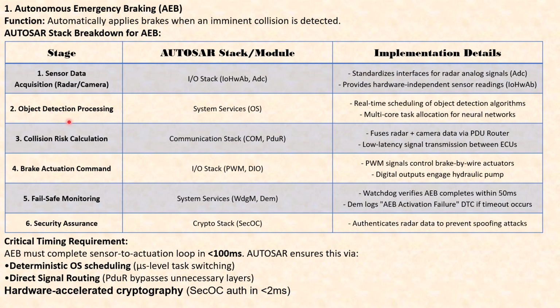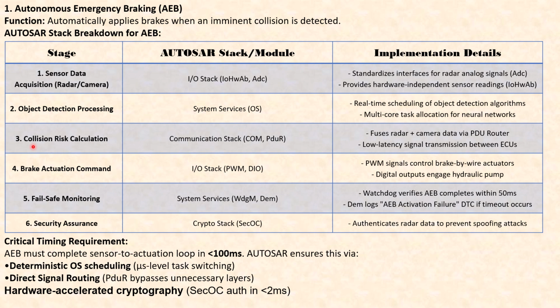When it comes to object detection planning, the stack which takes up the role is system services. And what does it do? It does real-time scheduling of object detection algorithms and multi-core task allocation for neural networks. And third is collision risk calculation, and which is the stack which takes care of this?